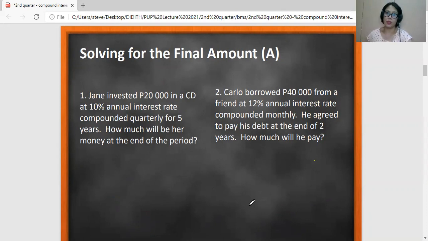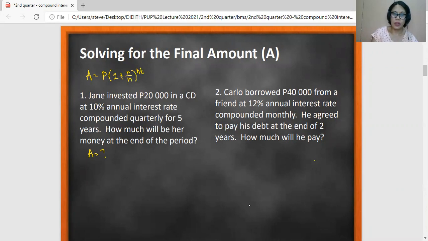So in number one, Jane invested 20,000 pesos in a CD at 10% annual interest rate, compounded quarterly for 5 years. So how much will be her money at the end of the period? So this is basically asking for A, or the final amount of money. And A using compound interest equals P times quantity 1 plus R all over n to the nt.